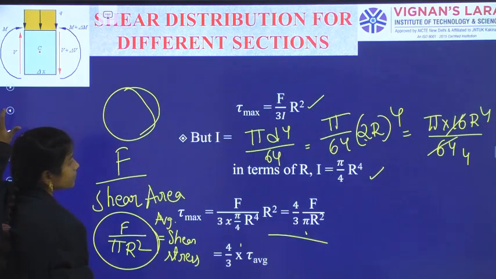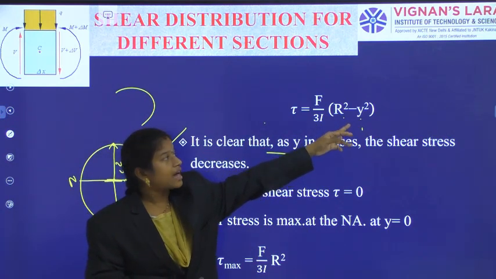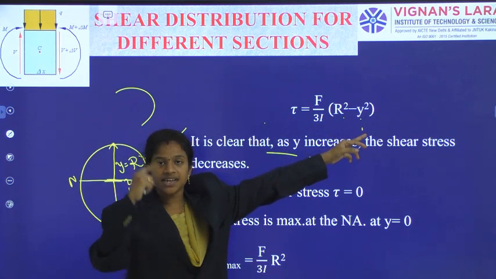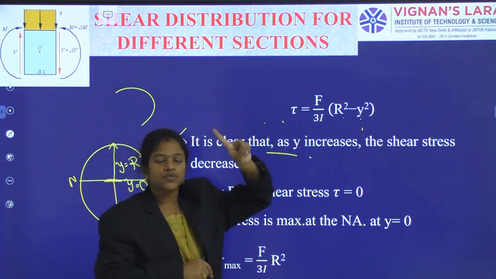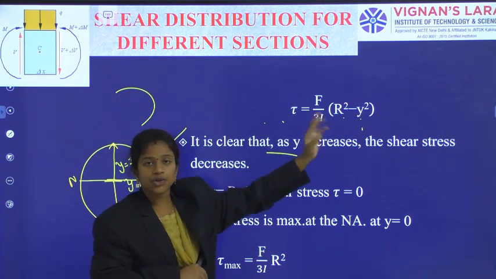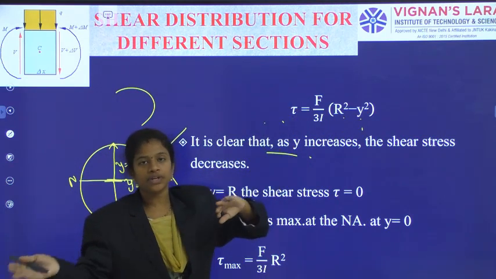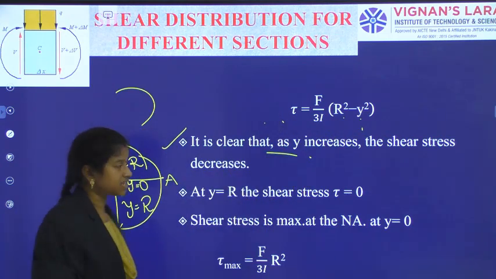See here, the equation is a second degree function of y. As y changes, tau changes in a second degree manner. If y is 1, tau gives the answer corresponding to 1 square. If y is 2, it gives the output corresponding to 2 squares. In this way the relation of tau and y will be a parabolic relation.